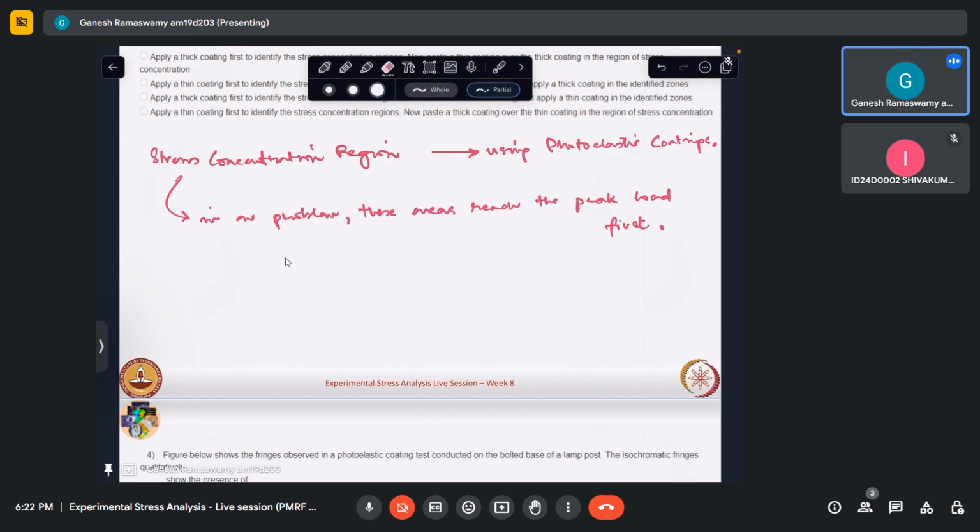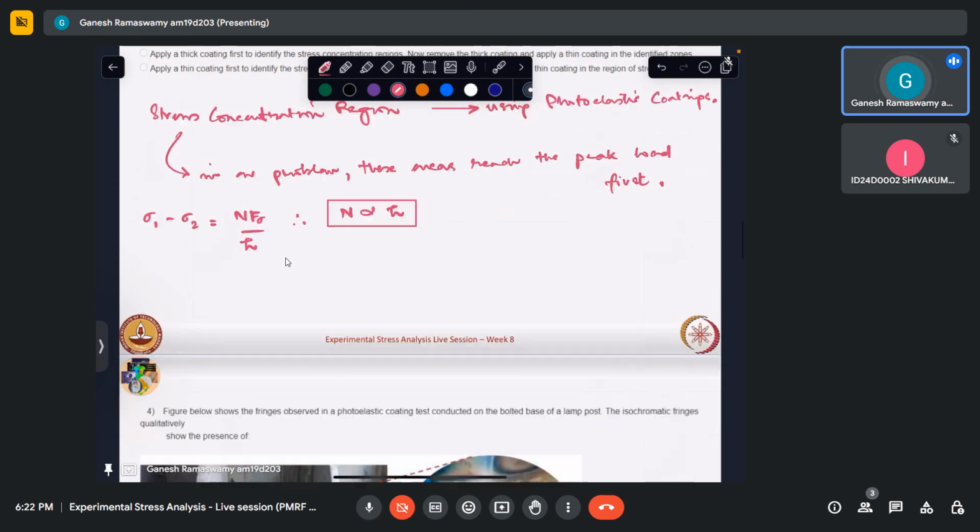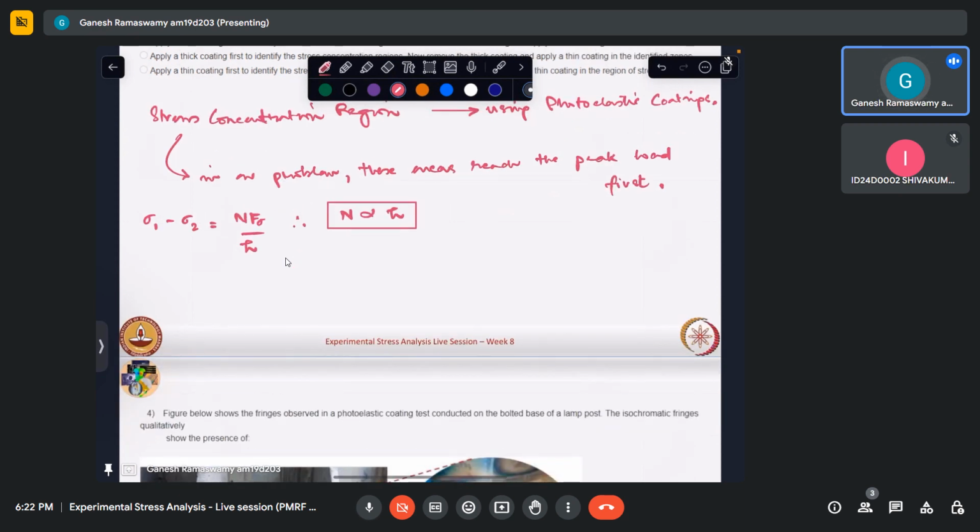What I meant to say is, if we take sigma 1 minus sigma 2, from our knowledge of transmission photoelasticity, we have N f = sigma by H. So therefore, N is directly proportional to H for other parameters remaining fixed, which means that the thicker the coating, the more number of fringes we will be able to get. This implies that thicker coatings give more fringes for the same load.